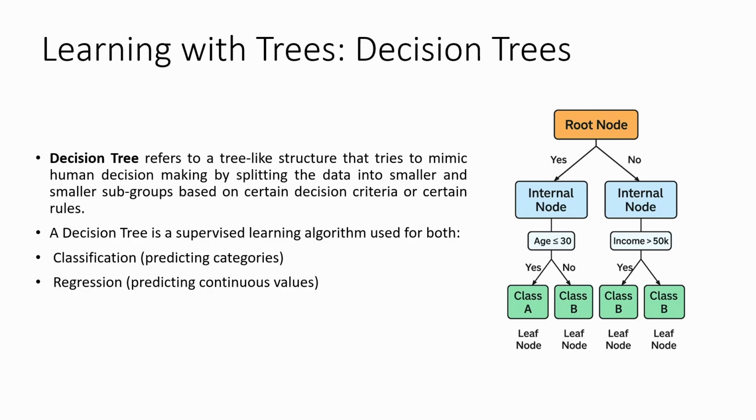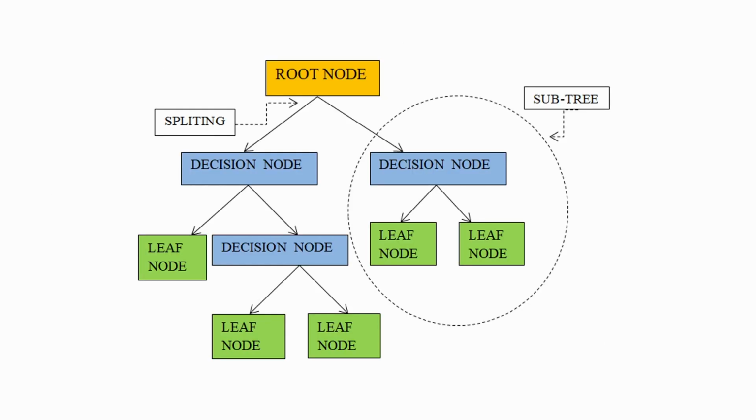At this leaf node only the classification happens. So you will get the classes at the leaf nodes. This is the typical structure of a decision tree. There will be a root node, then there will be decision nodes and the final leaf nodes where you will be getting the classes.